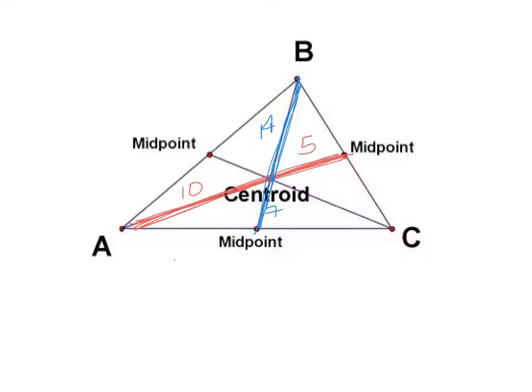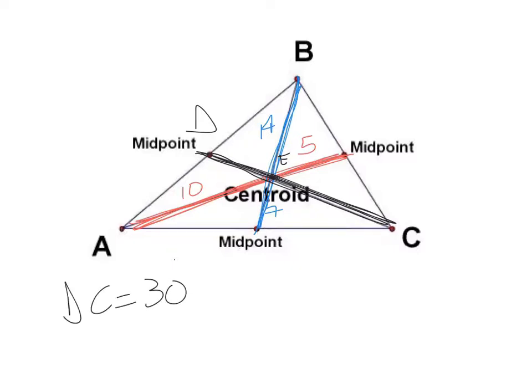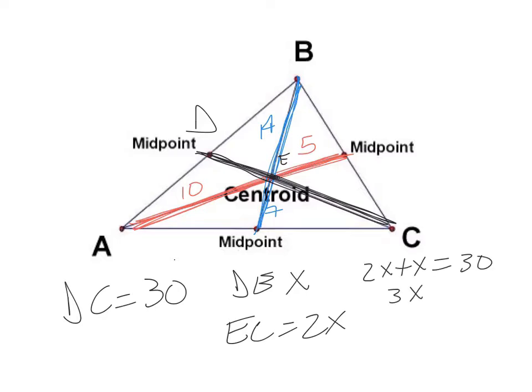And then the last one, which is the most important and probably the most difficult: if I told you the length of this entire thing, and I'll call this D, and I'll call this intersection E right here, if I told you that DC was 30, then I have to realize that DE would be x, and EC would be 2x, and then I can write an equation. 2x plus x equals 30, 3x equals 30, x is equal to 10, so the smaller piece is 10, and the larger piece would be 20.